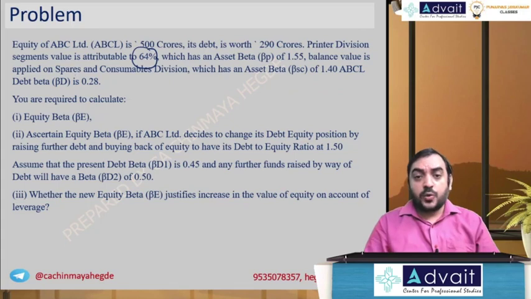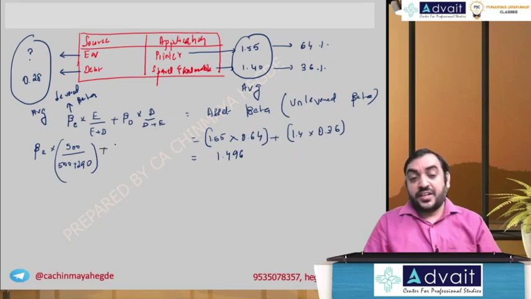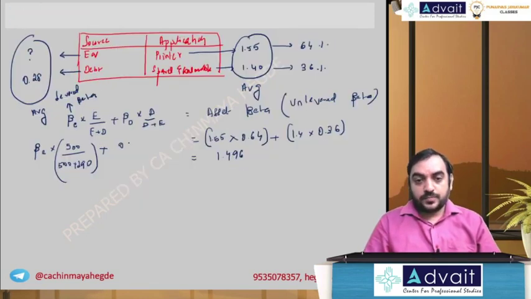How much is the equity amount? 500. Debt amount 290. So 500 divided by 500 plus 290. Similarly here, beta of debt is 0.28, multiplied by 290 divided by 500 plus 290.